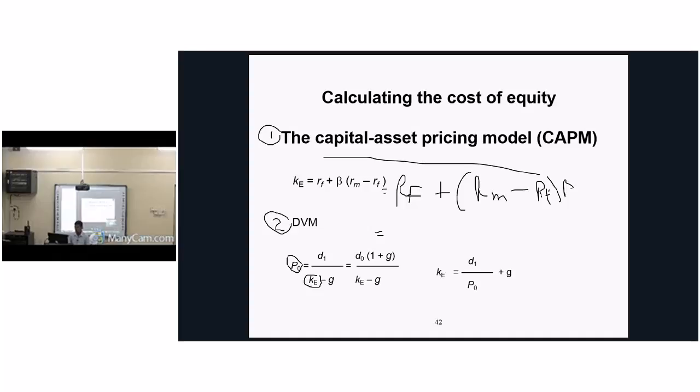Here, KE can be calculated as D1 divided by P0, plus the growth rate. Now you know how to get the growth rate. You know how to get the dividends per share in 1 year's time. P0 also you know how to get, today's price, the current price. If that's the case, you can arrive at the cost of equity of the firm.